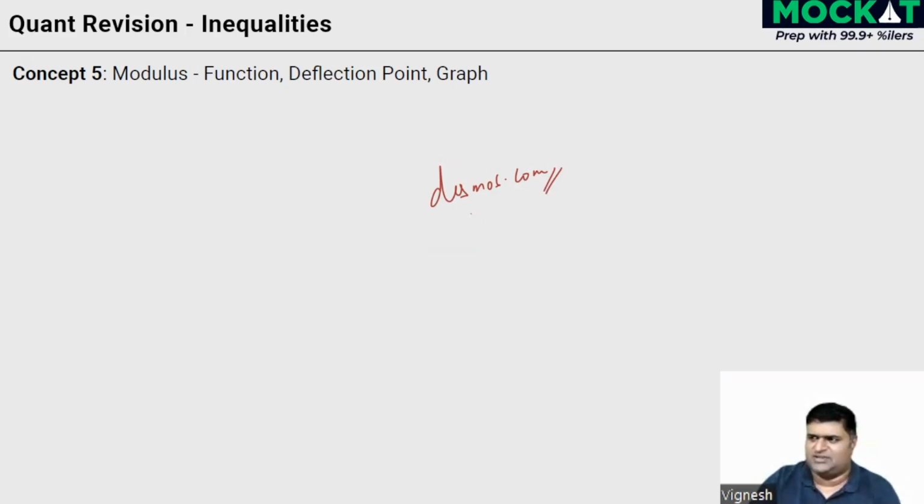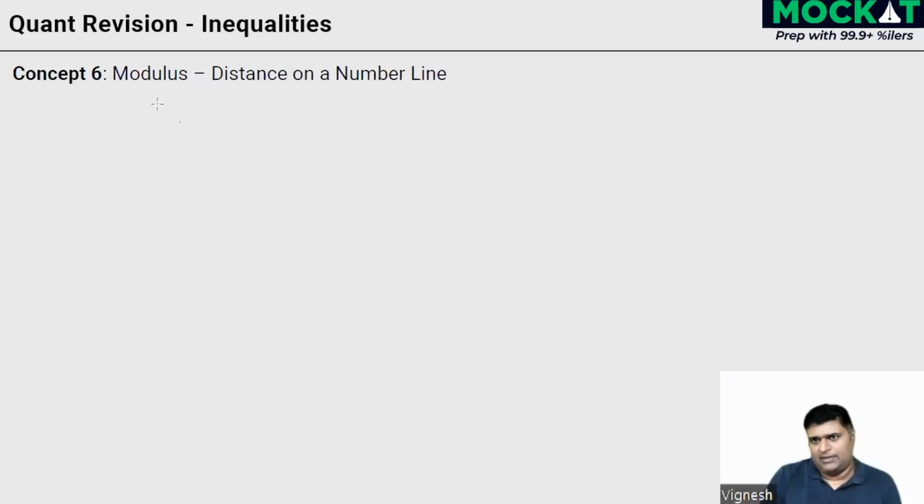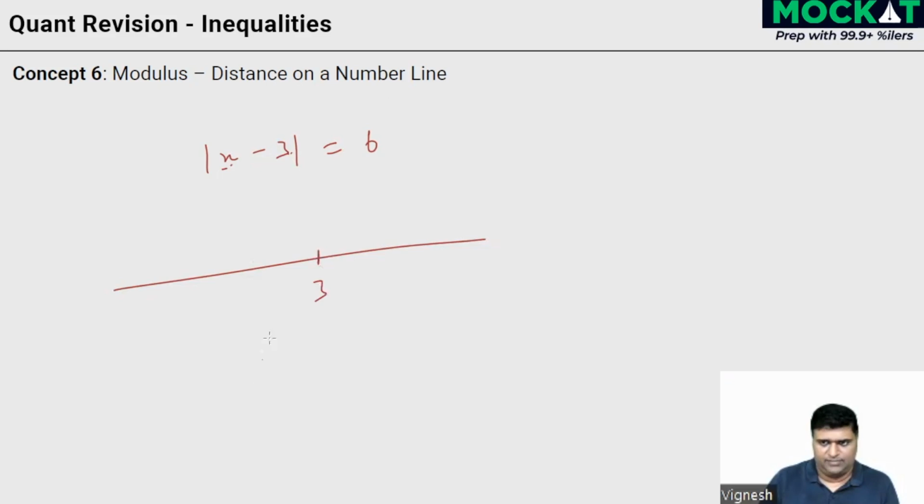Now let's look at one other concept before we move on to some questions, right? Modulus, where it's going to be something like x minus 3, can be looked at as a distance on a number line, right? What do I mean by that? If I say modulus of x minus 3 equals 6, it simply means, where does it become 0? The point 3, right?